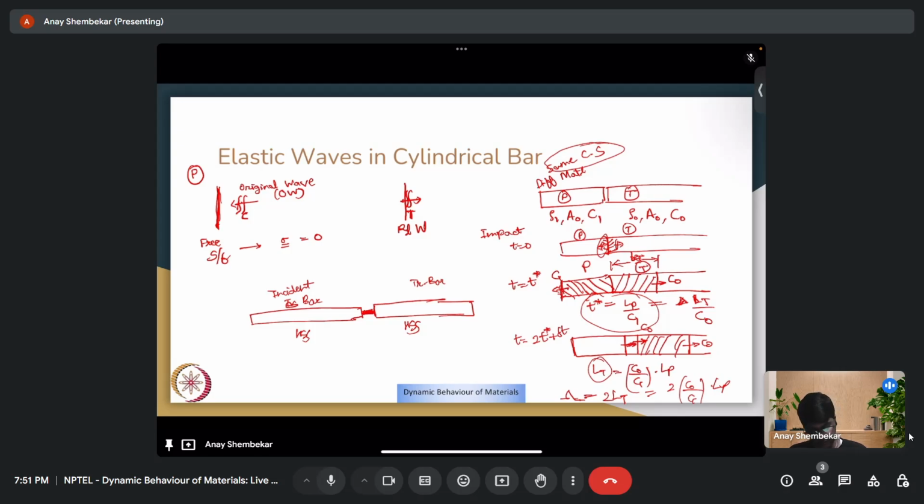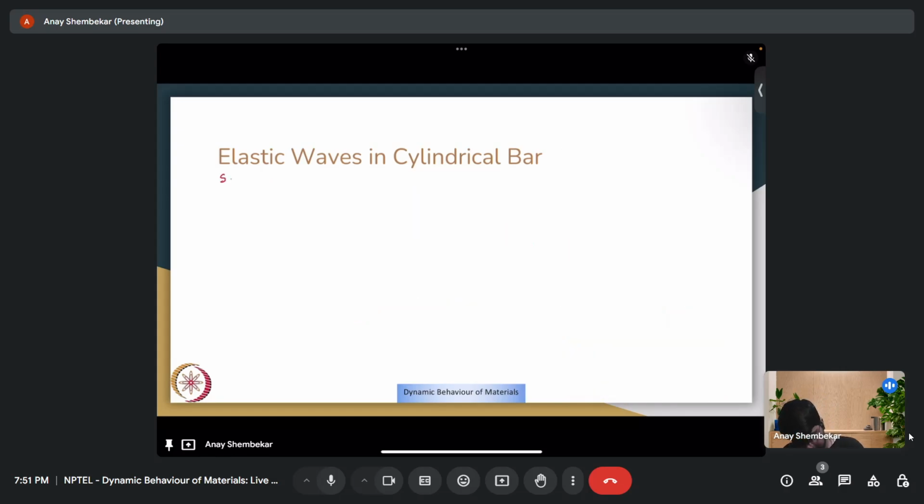Right. So we'll continue with the same cross section, the same material analysis. Net projectile T, target T, and what I'll do is basically use conservation of momentum.